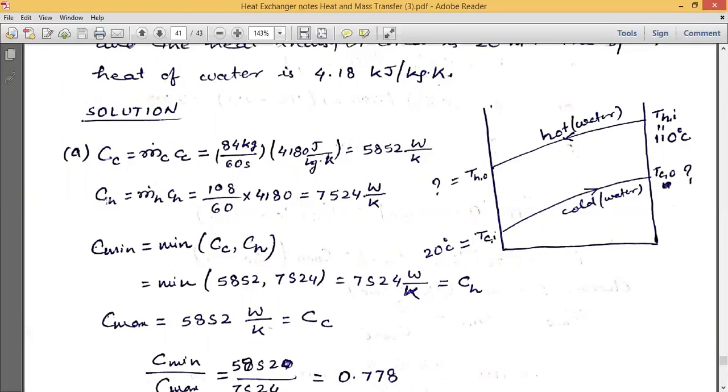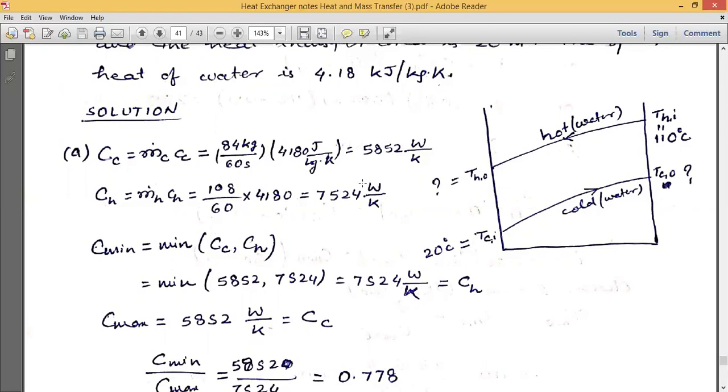Again, for the hot fluid, which is also water, we can determine the heat capacity rate in a similar fashion by multiplying mass flow rate and specific heat. So again, we need to give attention to the unit also. So we have calculated 7524 watt per Kelvin.